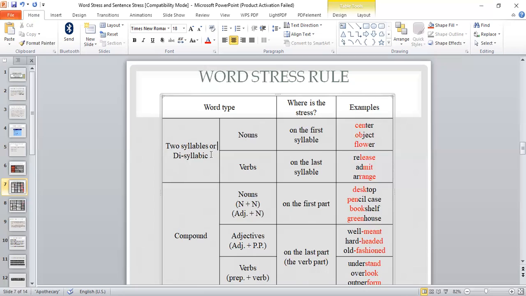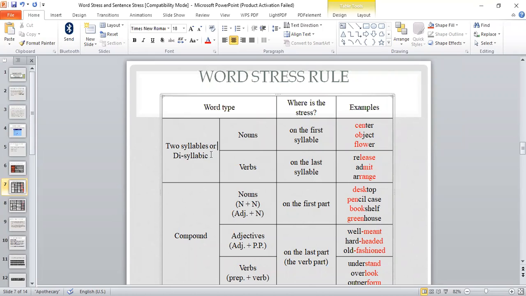So anytime I want to identify stress in a two-syllabic word, the first thing I have to consider is, is that word a noun or a verb? If I realize that it is a noun and that it has two syllables, automatically it should suggest that the stress is placed on the first syllable. But if I realize that it is a verb, usually the stress will be on the last syllable.